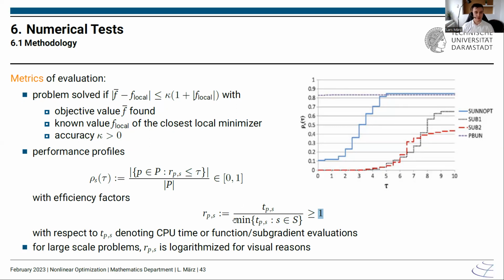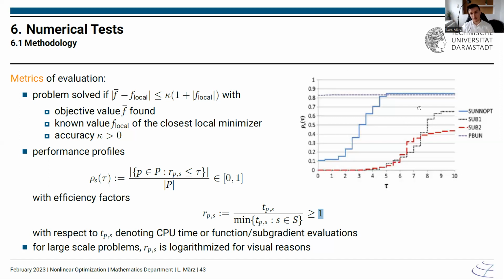And then you look at these underperformance factors, which are larger than 1, and look at how many of the problems were solved with an underperformance factor of at most tau.